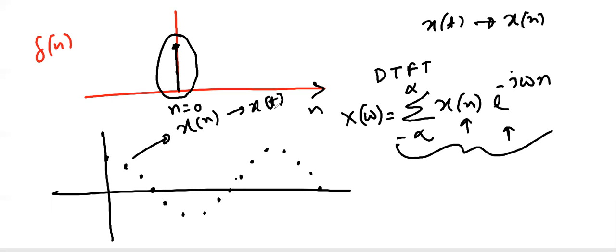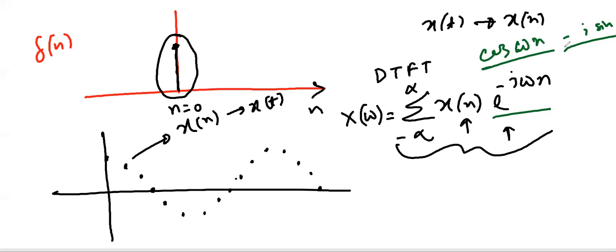We just sampled it, and now we have those samples. And where is e to the power j omega n? Now again, you understand that this is cos omega n and minus j sin omega n.